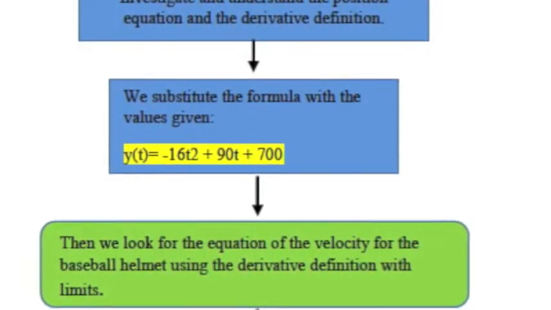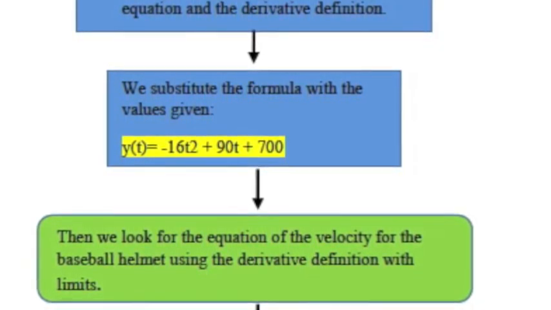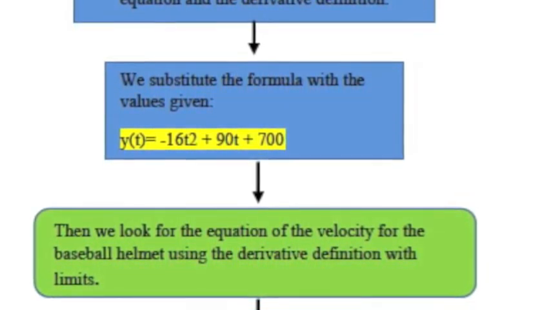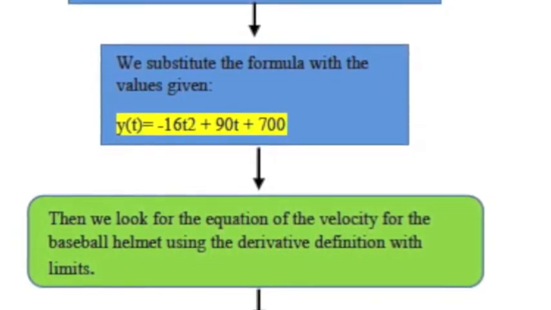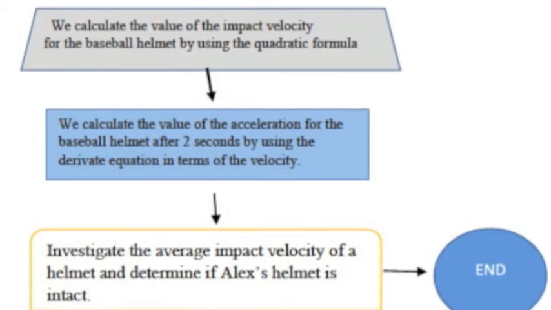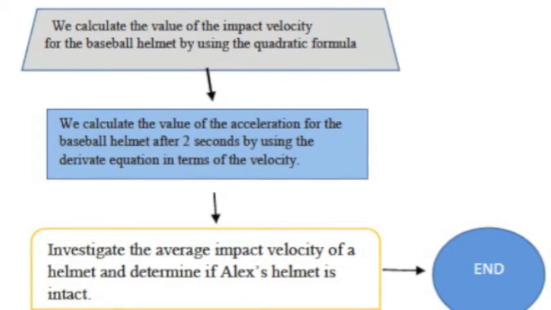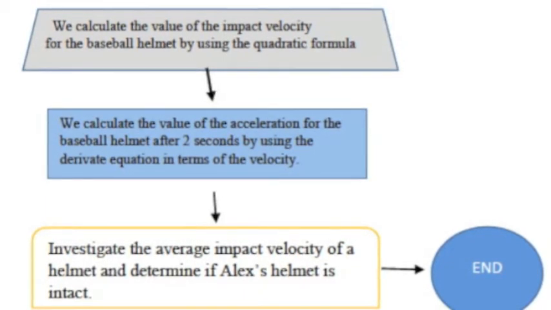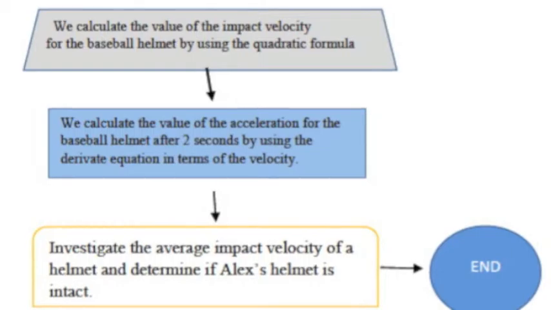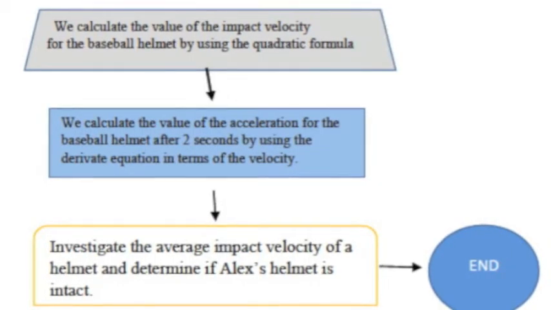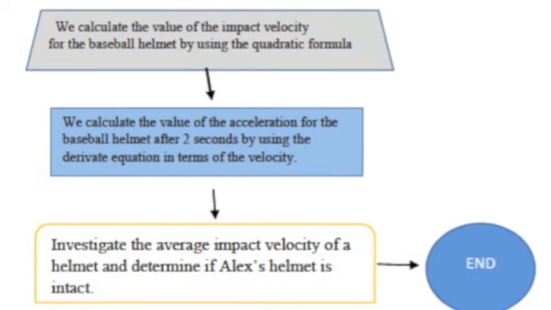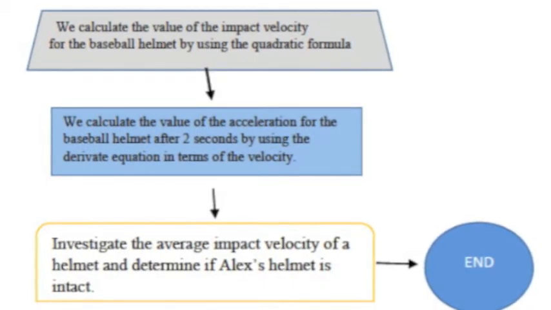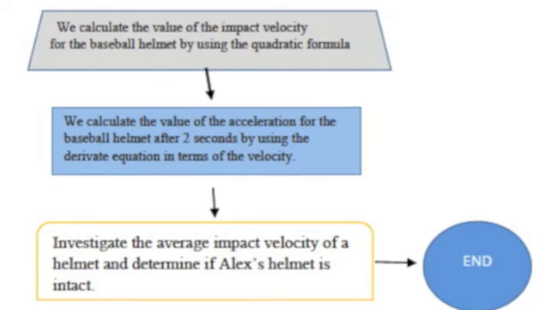In order to solve this problem, we had to analyze and investigate this subject in order to gather the formulas that we needed to solve for the limit and for the maximum position of the helmet. Then we had to calculate the impact velocity of the helmet, and also the acceleration of the helmet after 2 seconds, by using the derivative equation. And finally, we had to investigate the average impact velocity of a helmet and determine if Alex's helmet was intact.